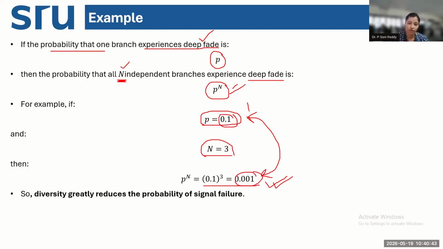That means one channel will experience more fading compared to 3 channels. So multiple channels reduce the probability of the fading effect.